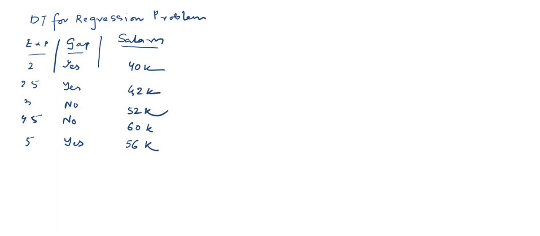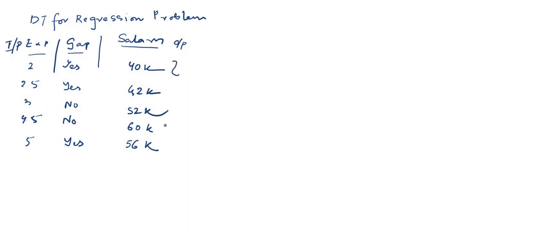Let's consider we have some data like this, where we have experience and if there is any gap in the career, and the salary. In this case, these are our input features and salary is our output feature, which is a continuous variable.